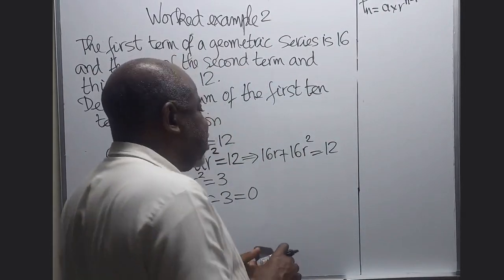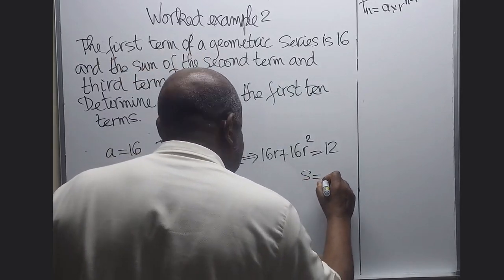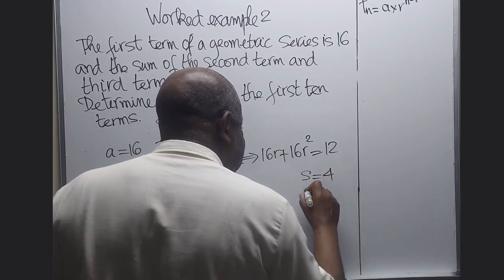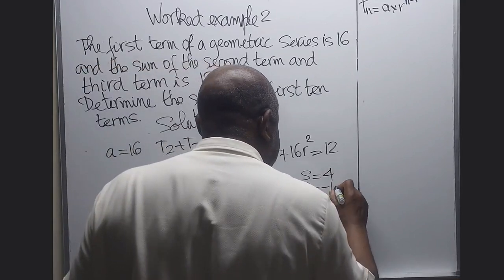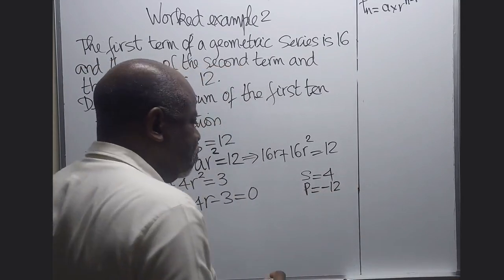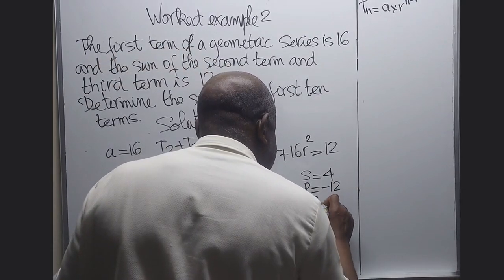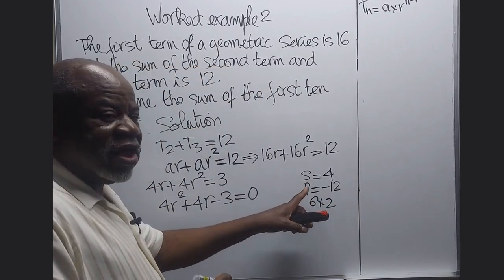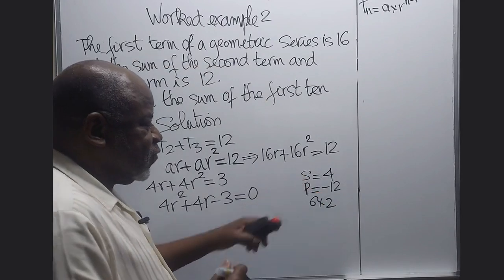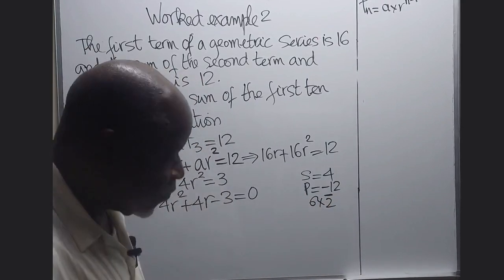We need to get two numbers. Their sum will be 4, and their product will be 4 times negative 3, which is negative 12. These two numbers could be 6 times 2. We get 12, but the product is negative 12, and the sum is 4. So here it's going to be 6 times negative 2.